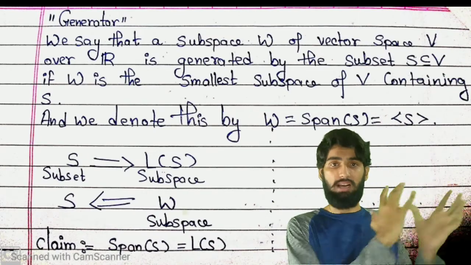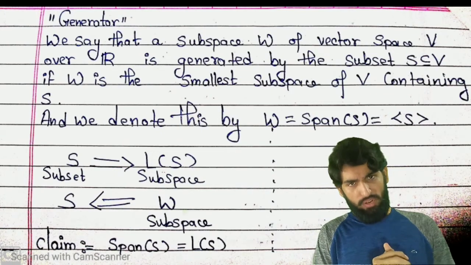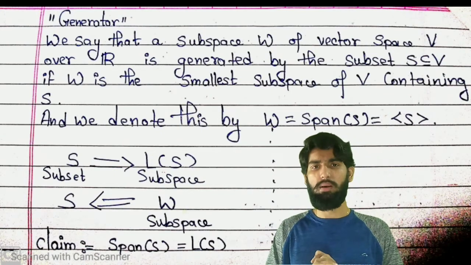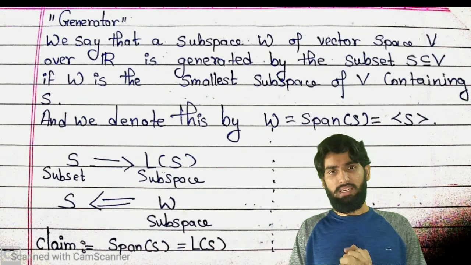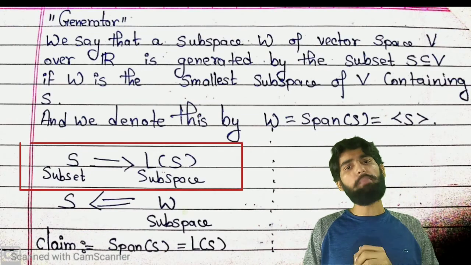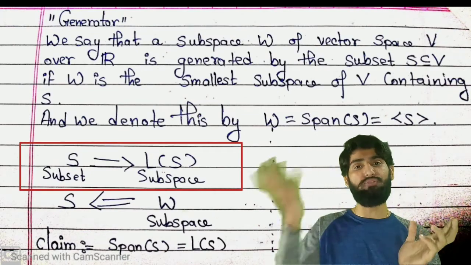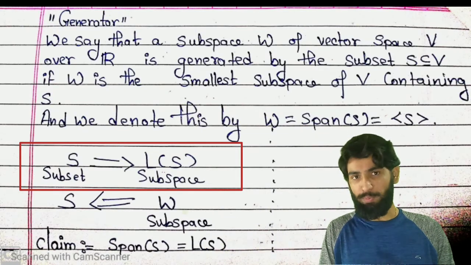In the last class, where we were discussing linear combination, we were trying to do something similar but in the reverse pattern. In the last class we were given a non-empty subset S. From that non-empty subset we found L of S, the linear combinations of elements of S, and we proved that it is a subspace.